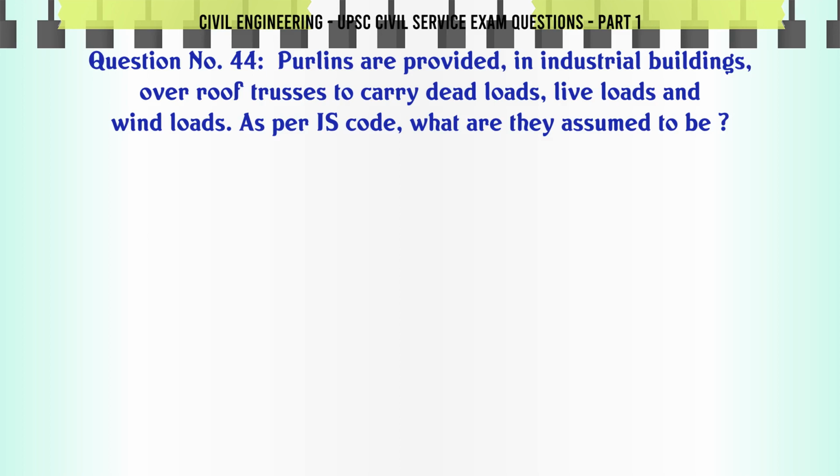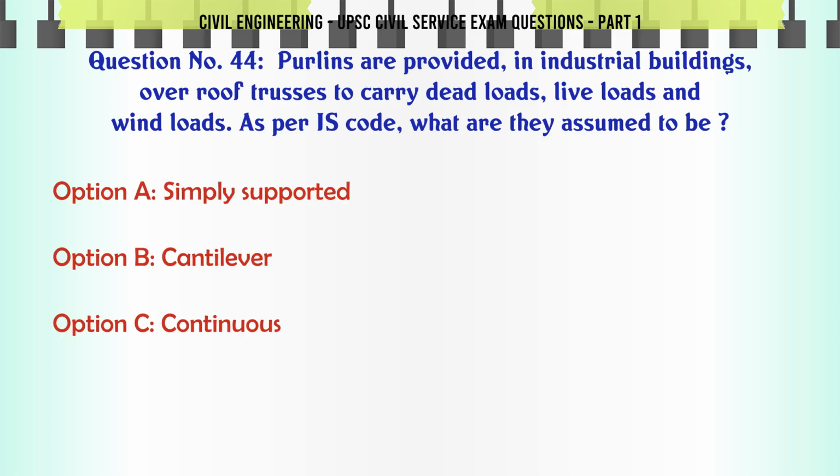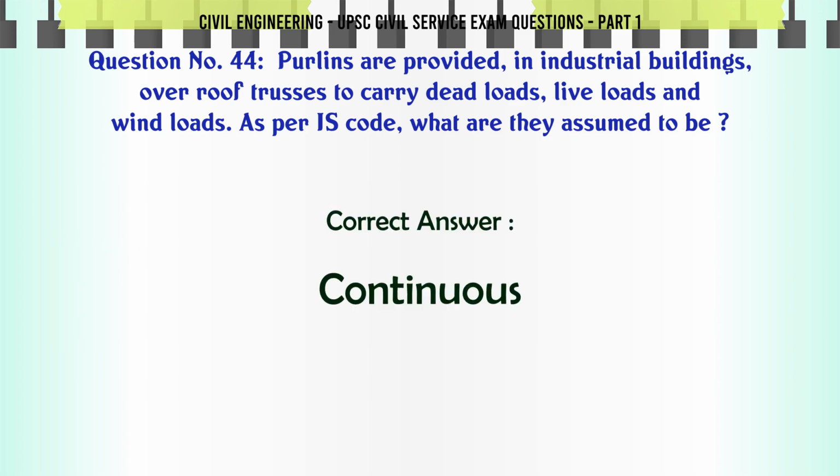Purlins are provided in industrial buildings over roof trusses to carry dead loads, live loads and wind loads. As per IS code, what are they assumed to be? A. Simply supported, B. Cantilever, C. Continuous, D. Fixed. The correct answer is continuous.